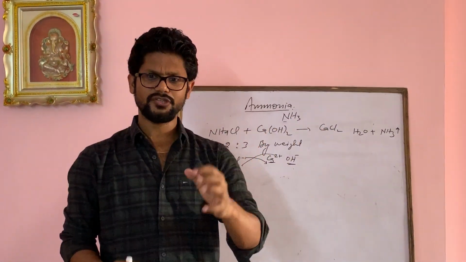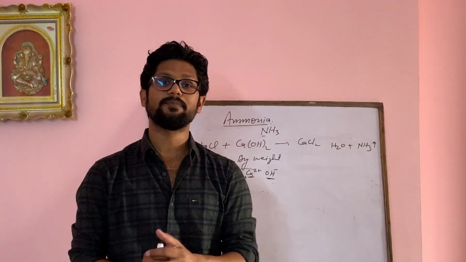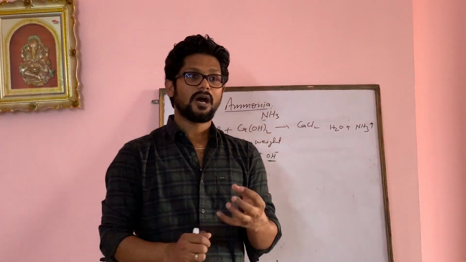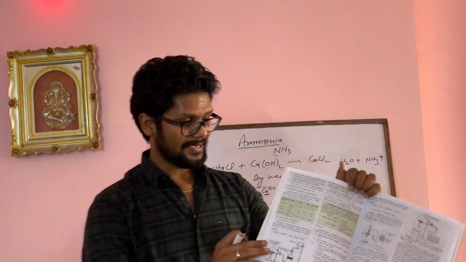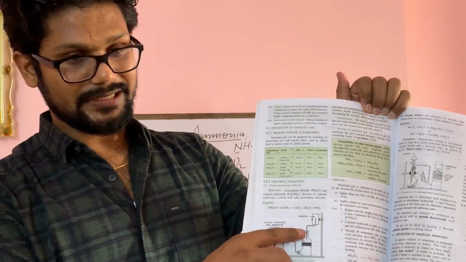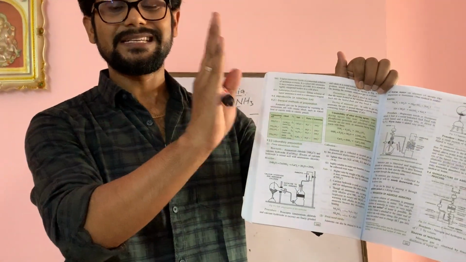In the next section you have to remember how to collect ammonia gas during the laboratory preparation. Ammonia gas is collected by upward displacement of air. You can see in the diagram, when ammonia is passed through the connecting tube, ammonia is going up. Ammonia is going up means it is lighter.